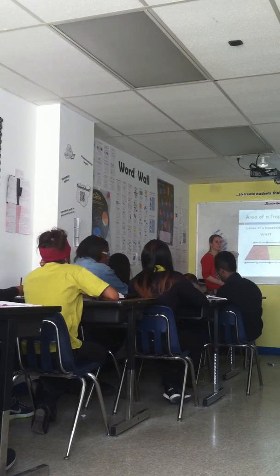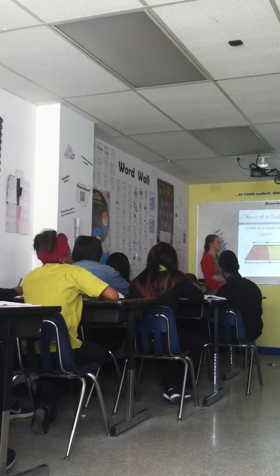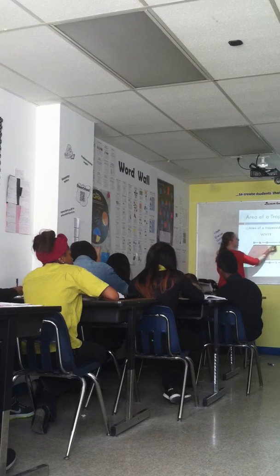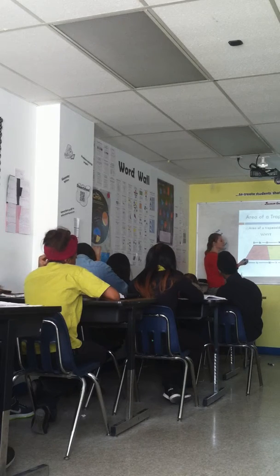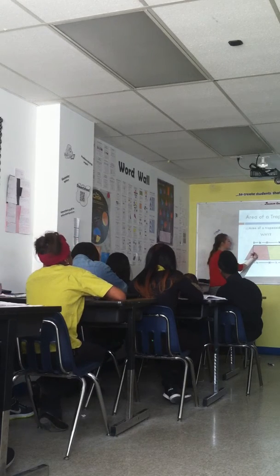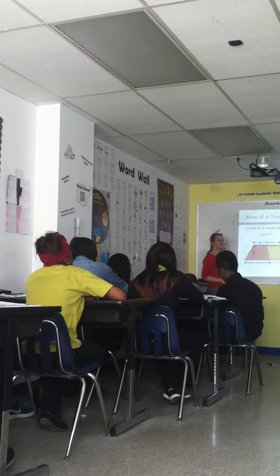We can still think of it as half of a parallelogram. The first base and the second base added together will make the whole base of the parallelogram. And the height, just like before, is perpendicular to the bases. Make sure you are not using something that is not perpendicular.